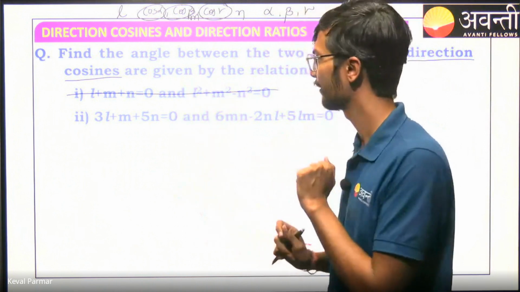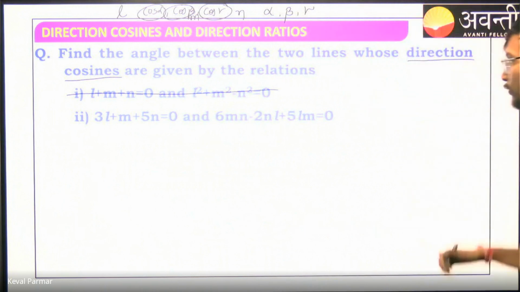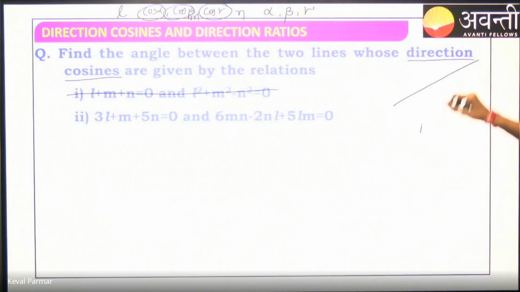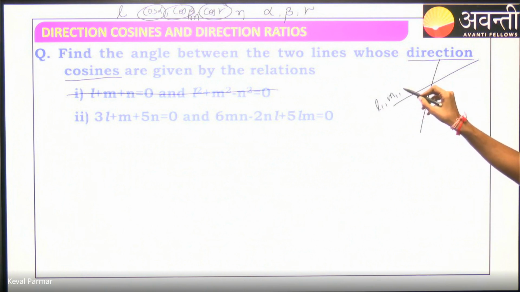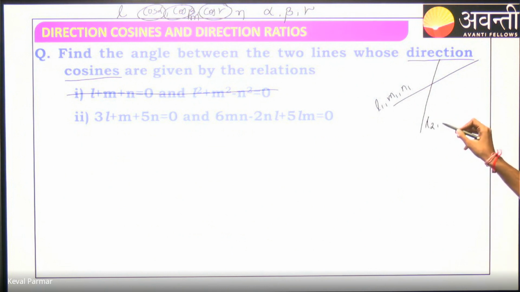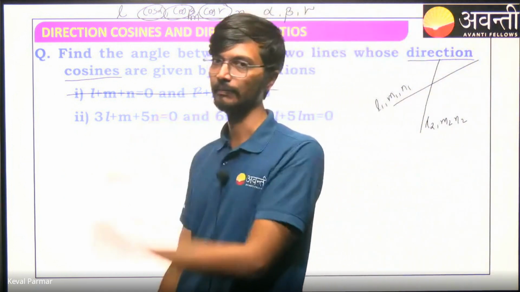Now let's focus on the question. We are asked to find the angle between two lines. So let's say the two lines are like this. One of them has the direction cosines L1, M1, N1 and the other line has L2, M2, N2, and we want to find the angle between them.